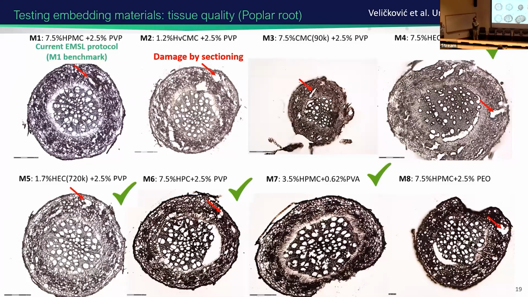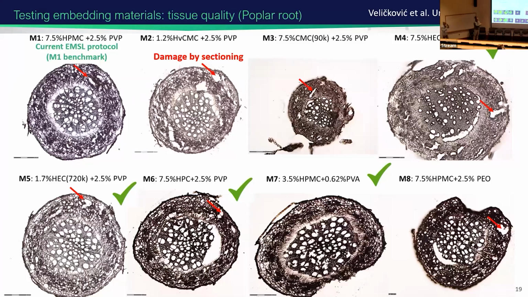This is a popular route. We don't want any damage from sectioning, those holes and gaps that will basically destroy cellular content. You want really nicely preserved samples, like this one, M7, that Kevin is showing.